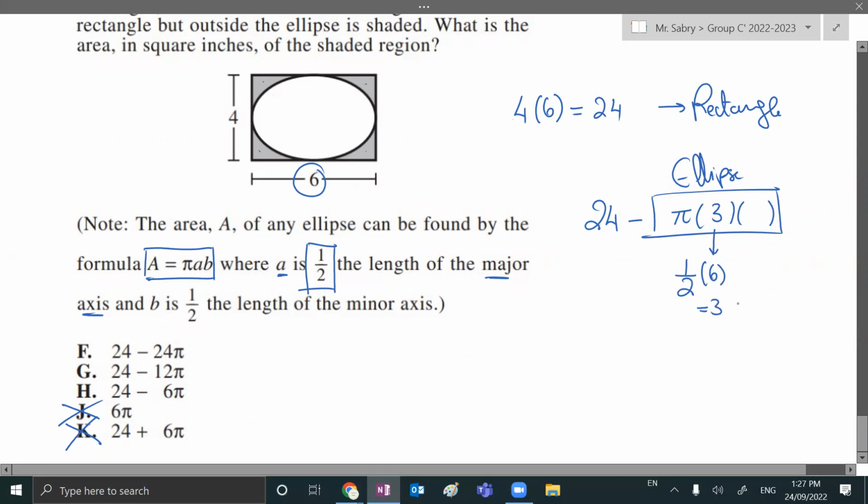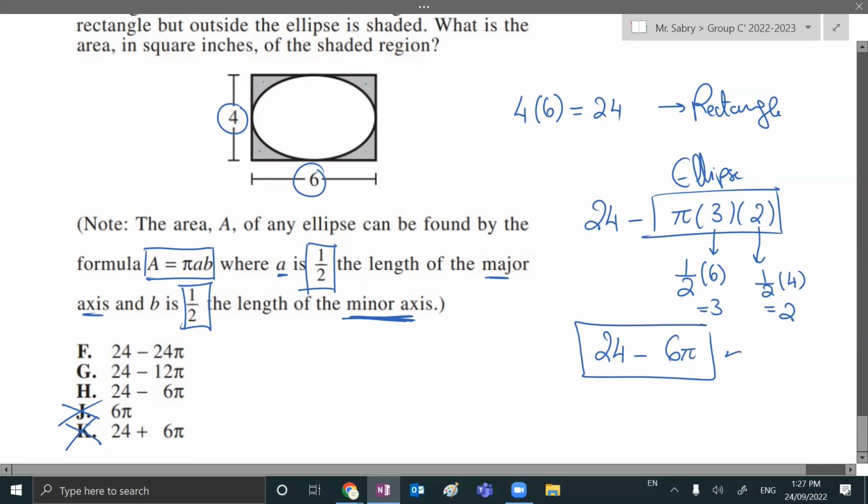So here I'll put 3. Then B is supposed to be half the length of the minor axis. What's the minor axis? It's the 4. So this one is half multiplied by the 4, which is 2. So now I have this one is 2. I just need to put this now on a calculator. 3 times 2 is 6, so that's 6 pi. So 24 minus 6 pi. That's the area of the shaded region.